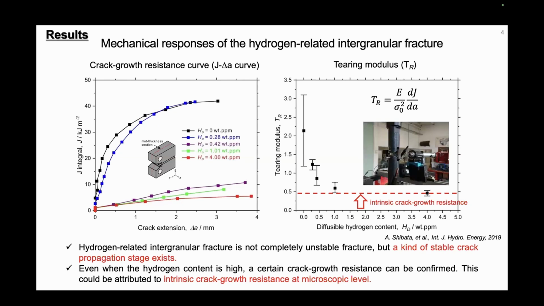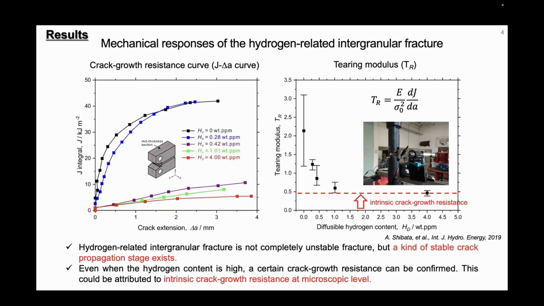First, I want to briefly explain the mechanical response of the hydrogen-related intergranular fracture. This is the crack growth resistance curve obtained by the unloading compliance test, the so-called J-delta-a curve. J is the J-integral value, and delta a is the crack extension length. For the hydrogen-charged specimen, cracks start to propagate at a very low J-integral value compared with the uncharged specimen.